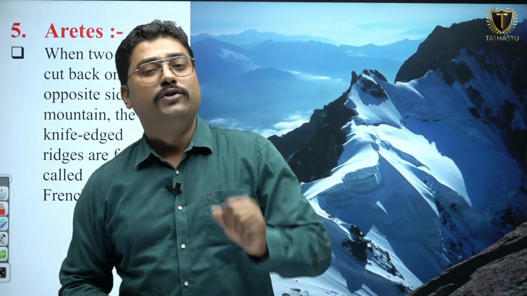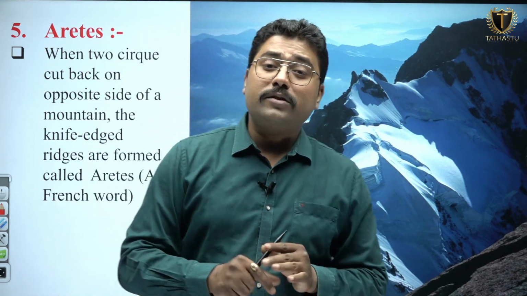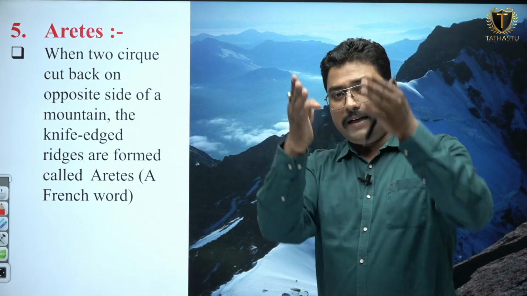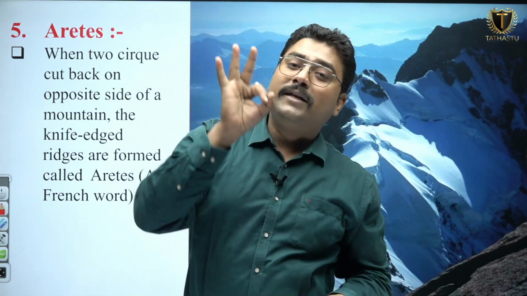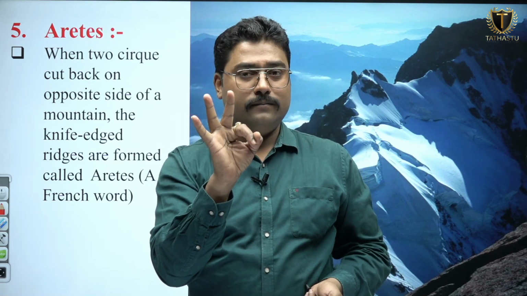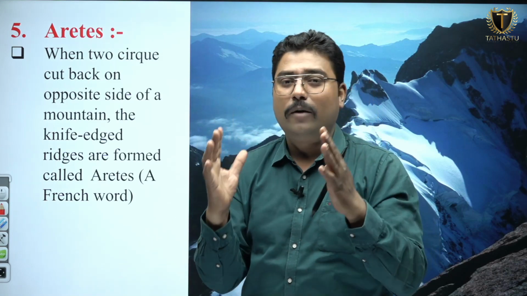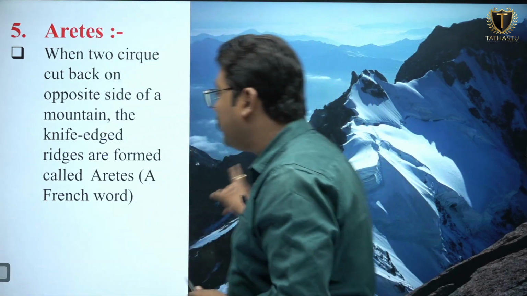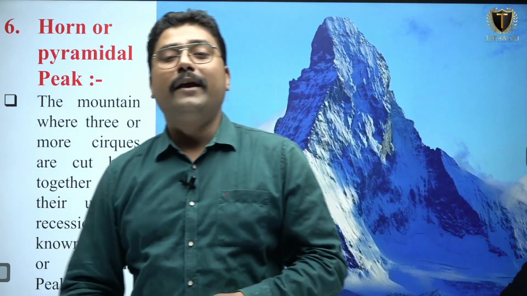It's a French word. After the arêtes, suppose instead of two slopes, three glaciers are moving opposite to each other, means when three cirques are formed over a single mountain peak, then it will be considered as a horn or pyramidal peak.